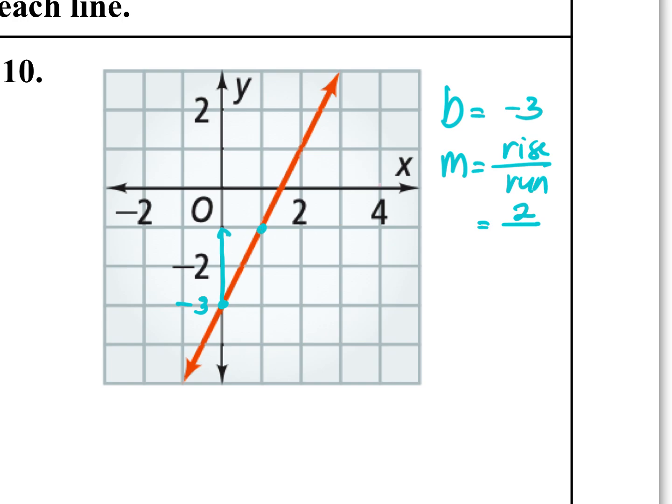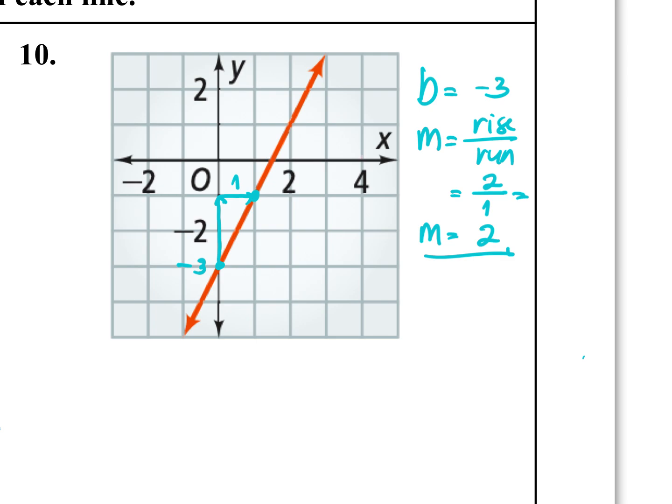And if I end on this point, that's going to give me 1 unit to the right. That means that my slope here is only 2 because 2 divided by 1 is 2. So now let's put our equation together. The equation of the line is going to be y equals 2x minus 3.